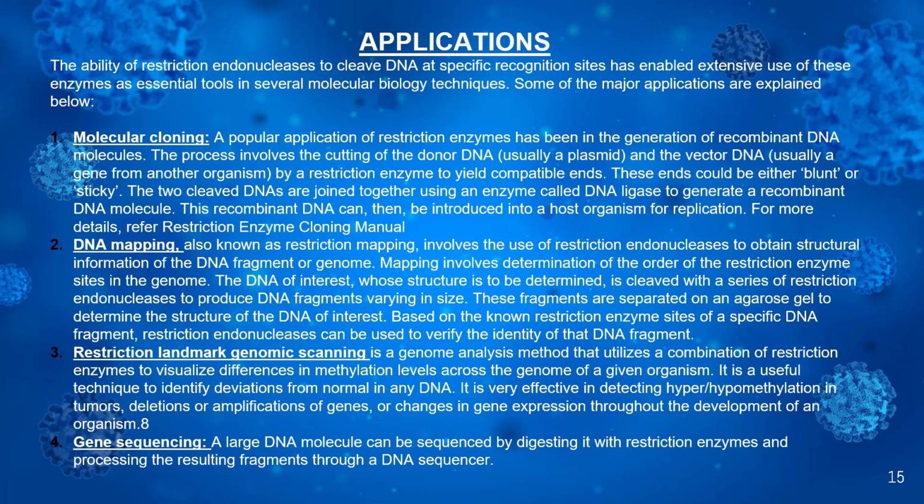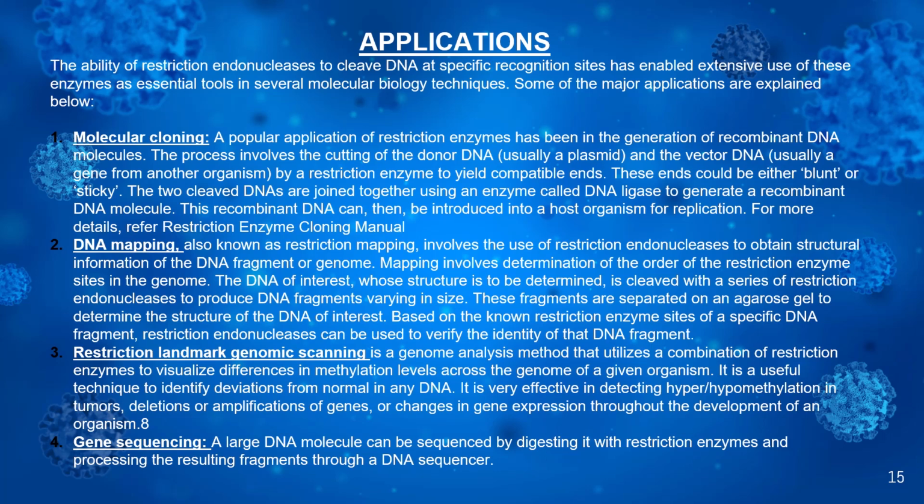Now, DNA mapping, also known as restriction mapping, involves the use of restriction endonucleases to obtain structural information of a DNA fragment or genome. Mapping involves determination of the order of the restriction enzyme sites in the genome. Restriction landmark genomic scanning is a genome analysis method that utilizes a combination of restriction enzymes to visualize differences in methylation levels across the genome of a given organism.